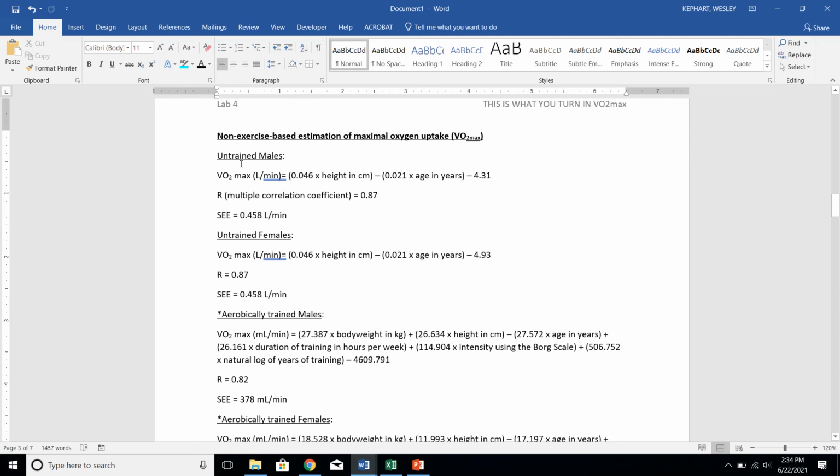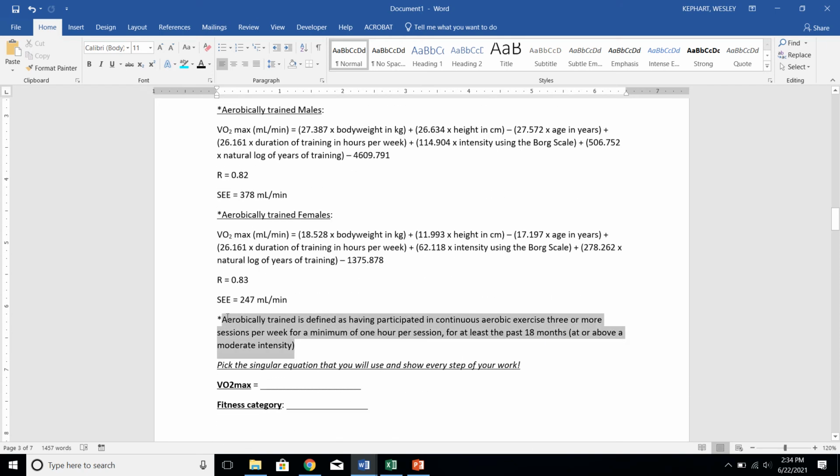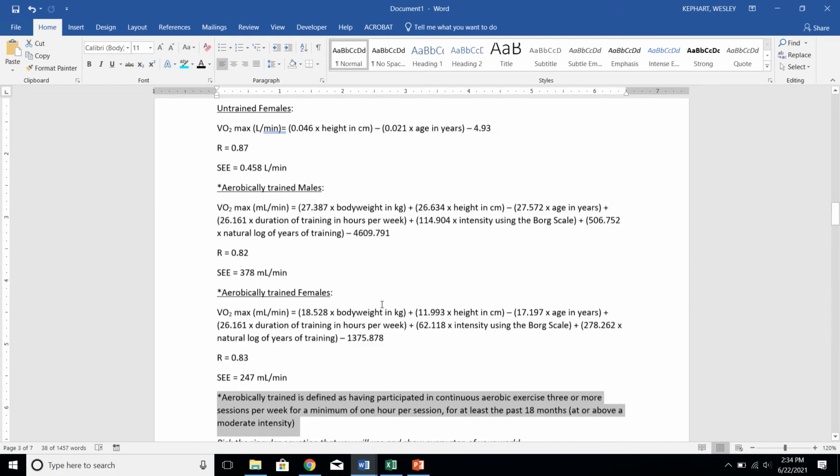So untrained versus trained, what does that mean? We actually have it defined for you right here. An individual participates in continuous aerobic exercise, 3 or more sessions per week for a minimum of an hour over the last 18 months, and at a fairly good intensity.